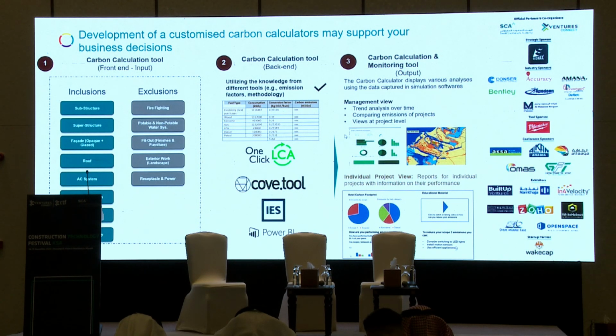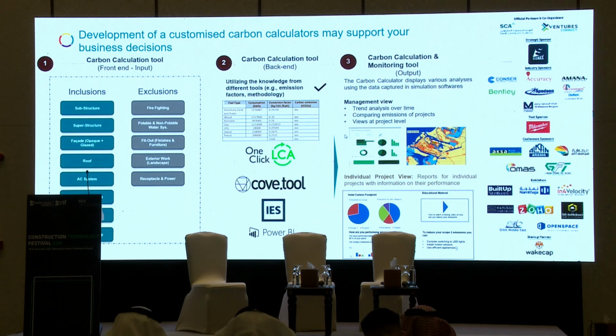So what can be done to help the business decision is to set up a carbon monitoring tool that will analyze different assets on the portfolio level based on consumption and design characteristics, analyze them from an embodied and operational carbon point of view, and then report it on a dashboard, for example using Power BI.